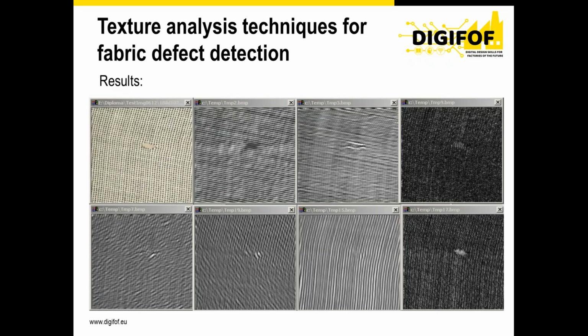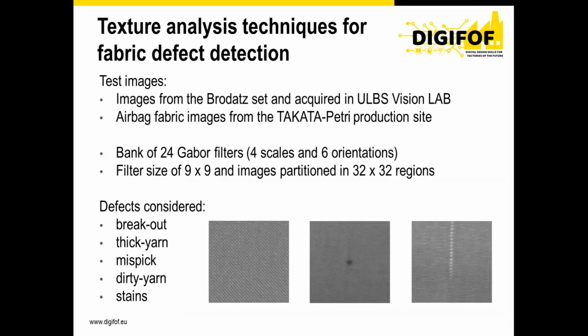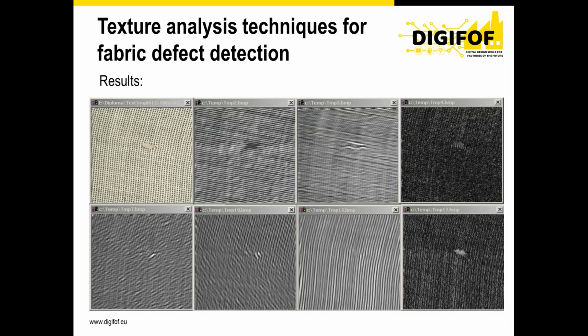You have here an example of a texture which is not orthogonally oriented. It has, as I mentioned, a breakout, and you will see the response of several filters, not actually the selected one, which is on the bottom right side. The response of different filters on the texture.